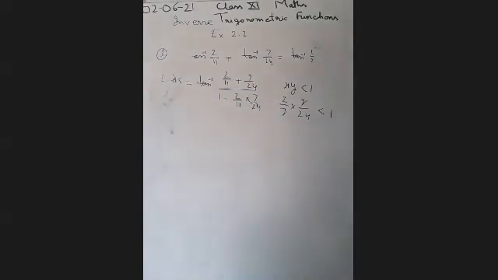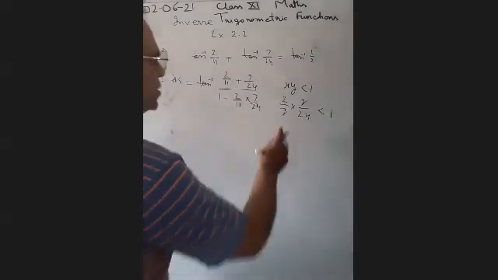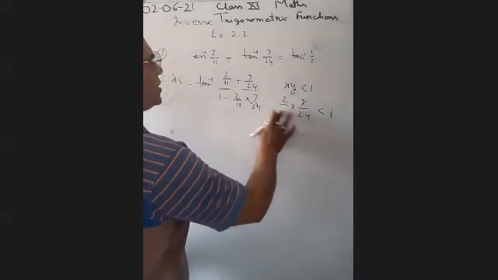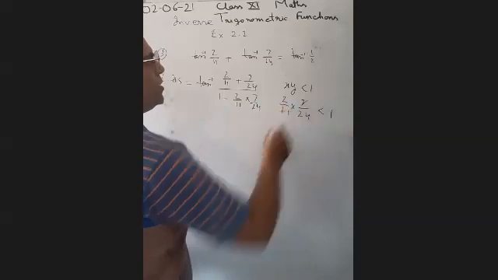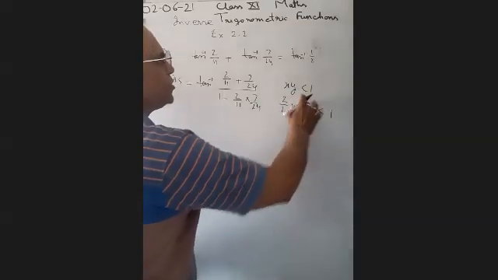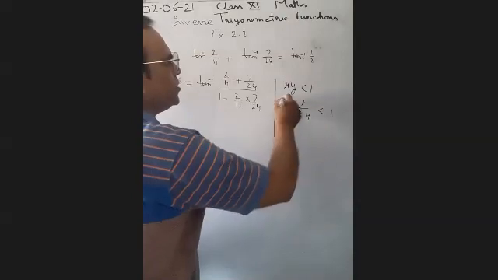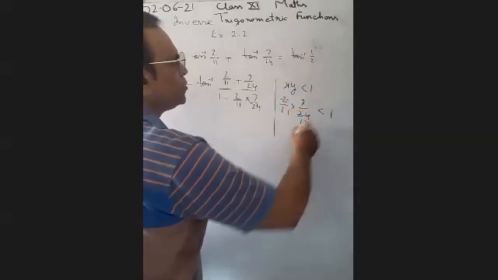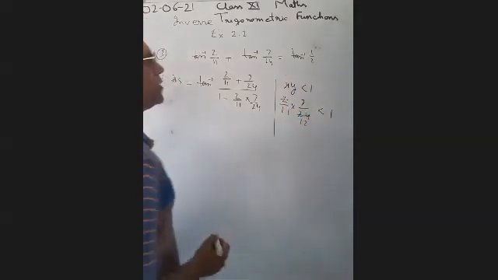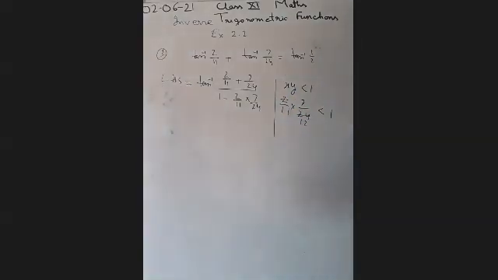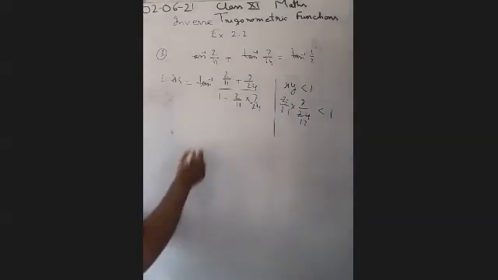Here x is 2 upon 11 and y is 7 upon 24. The product is less than 1. Before using the formula, we have to confirm that it should be less than 1.